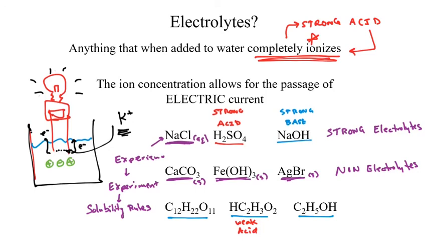Our solubility rules only apply to ionic compounds. All three of those compounds at the bottom are molecular compounds. So how would we go through and classify those? Well, molecular compounds don't ionize to large extents. So these end up coming in again as non-electrolytes.